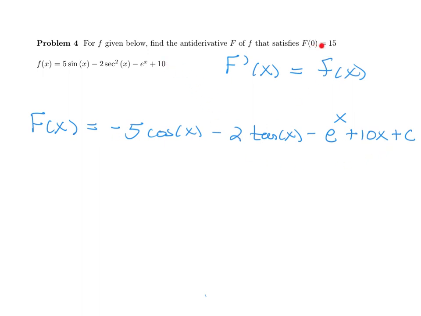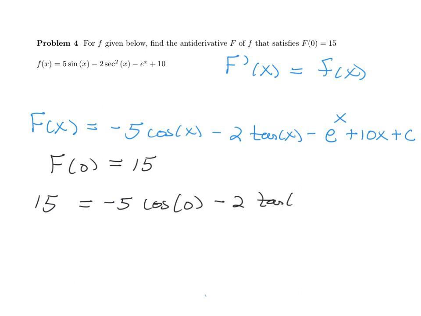But we'd like to figure out what number c will make this a true statement. So in this general antiderivative, what I'll do is put 15 in place of F of x, provided that I put a 0 in place of all of the x's. If you go through, we'll have 15 is equal to cosine of 0 is 1, so that's equal to -5.